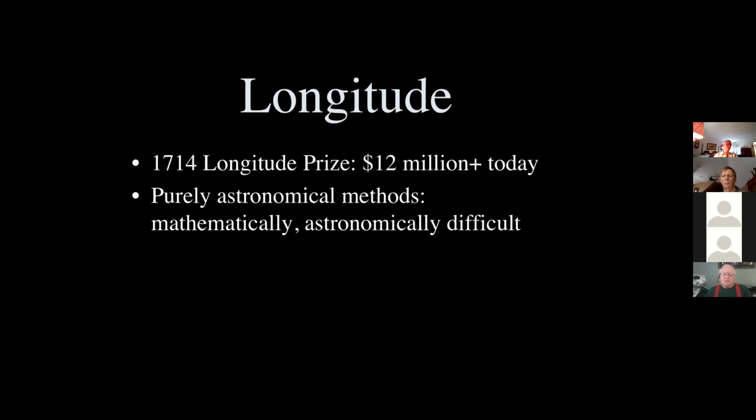But the other thing that was true about it was that it took a lot of time. You've got to do all these calculations and they take you so long that by the time you finally figure out the answer, you're no longer where you thought you were.